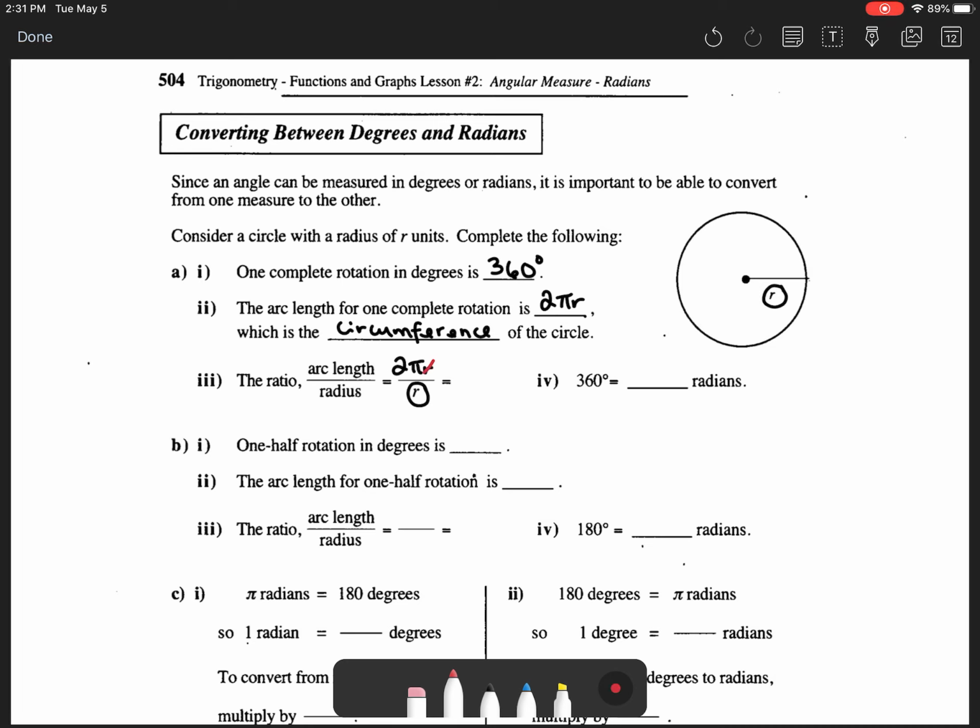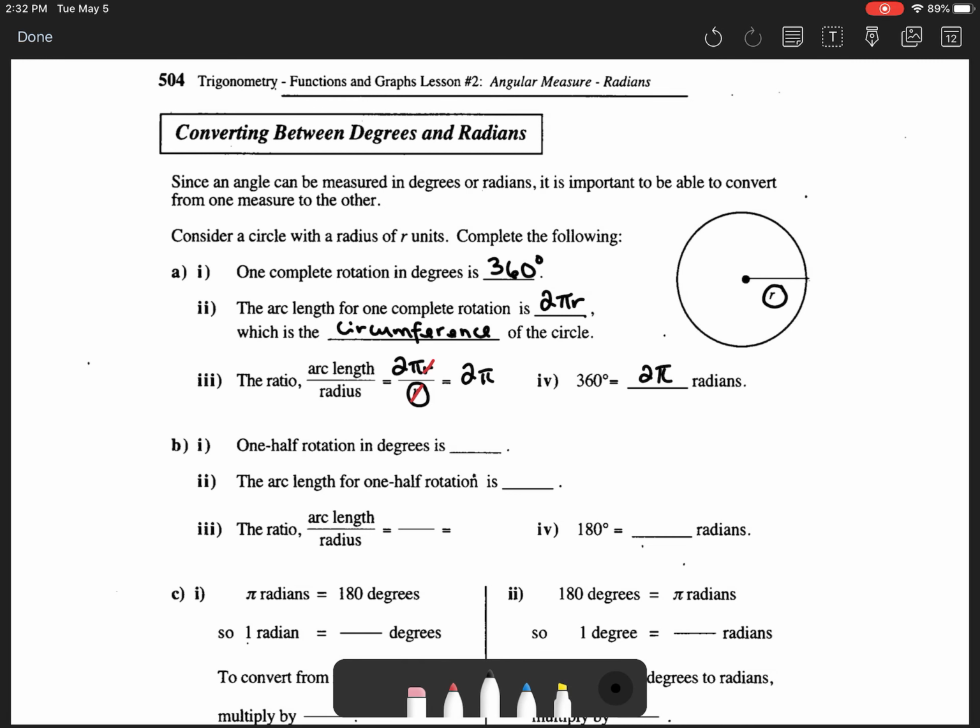Looking at that comparison, the r values will cancel, leaving me with 2 pi. So therefore, 360 degrees, one full rotation of a circle, will now be equal to 2 pi radians. So they are the same thing. One is in angular measure, one is in radian measure.